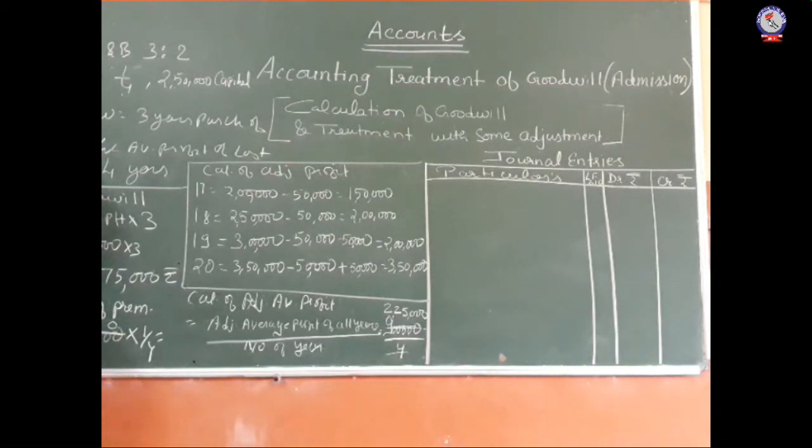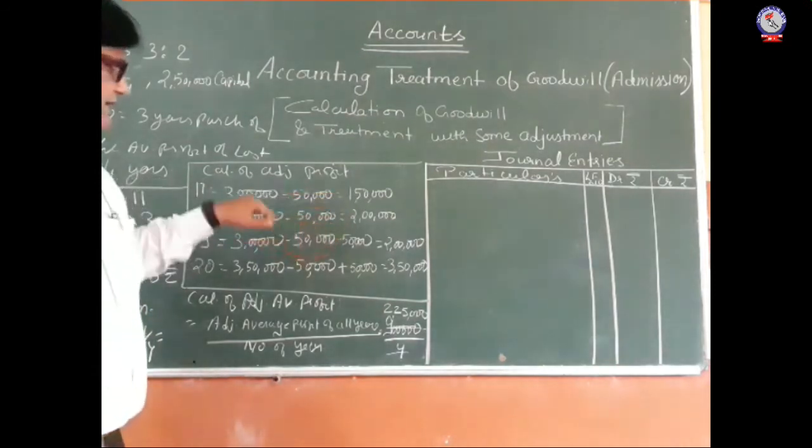So C's share of premium is 168,750 rupees. This is the amount of premium which will be brought by C. So this will become like this.